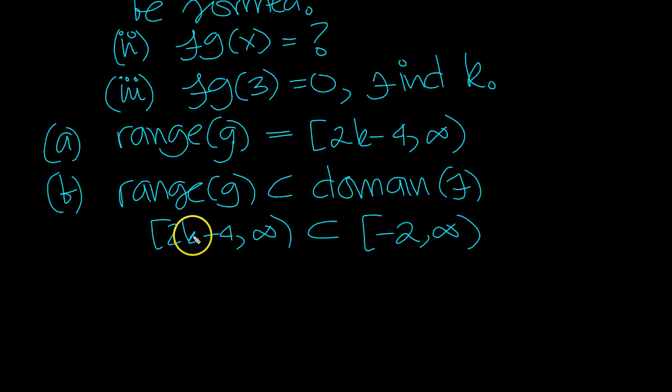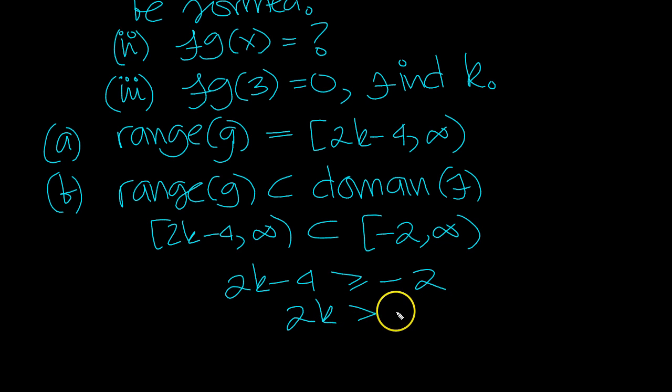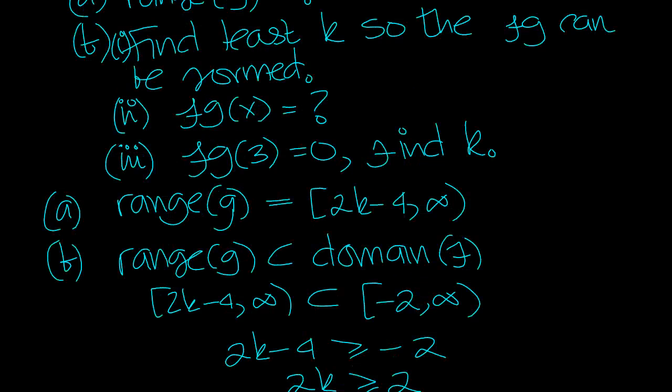So this value must be bigger than or equal to this value. So 2k minus 4 needs to be bigger than or equal to minus 2. So 2k is greater than or equal to, move that over, 4 minus 2 is 2. So it tells us that k is bigger than or equal to 1. So k needs to be bigger than or equal to 1.